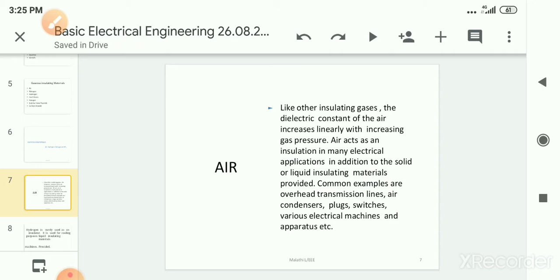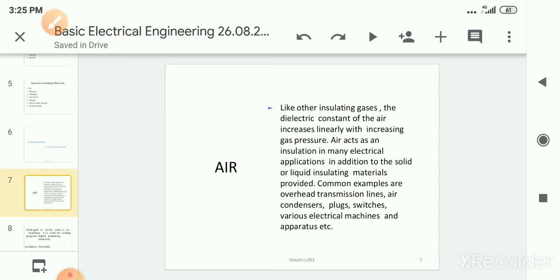Air, like other insulating gases, has a dielectric strength that increases linearly with increasing gas pressure. Air acts as an insulation in many electrical applications, in addition to the solid or liquid insulating material provided.